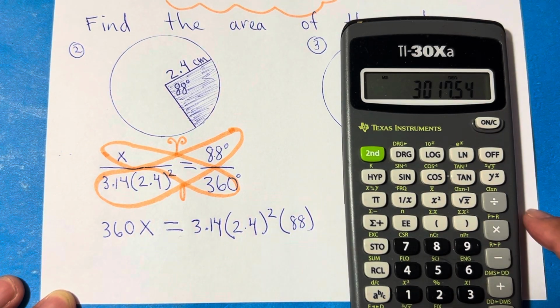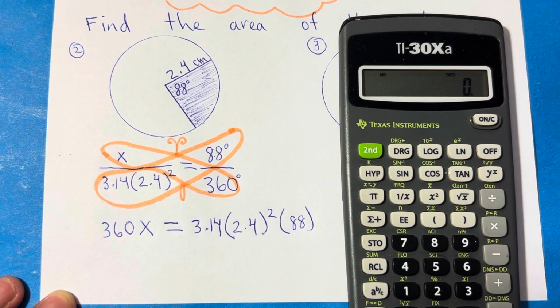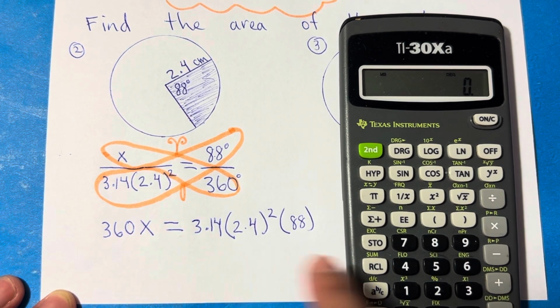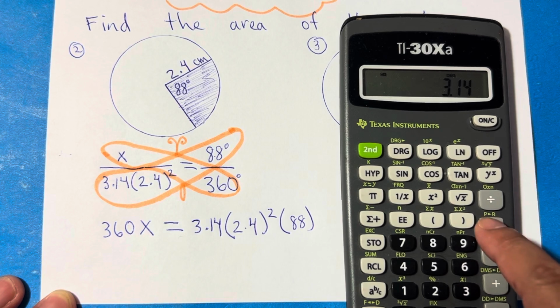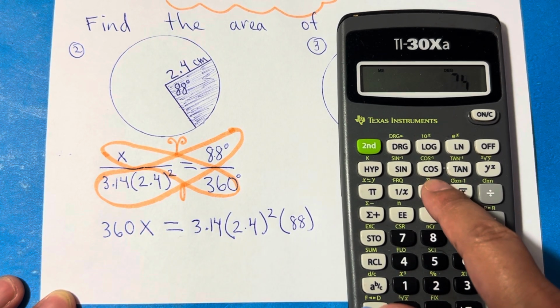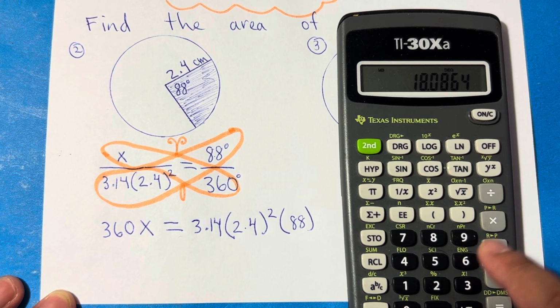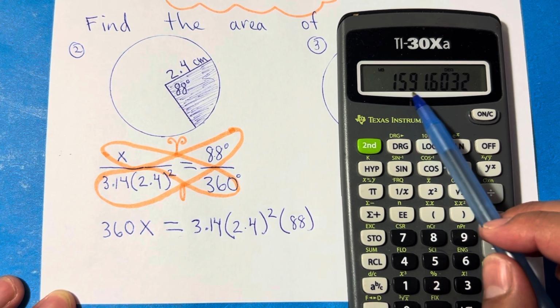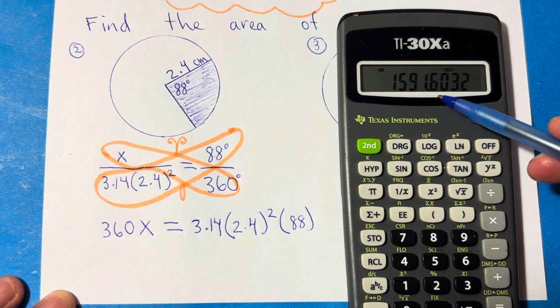Bring our calculator in. And so it's 3.14 times 2.4 squared times 88 gives me 1591.60.